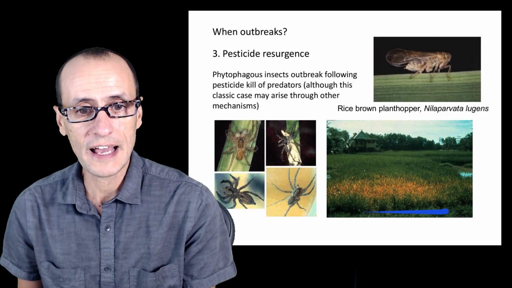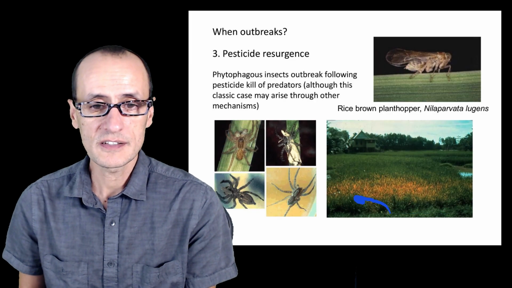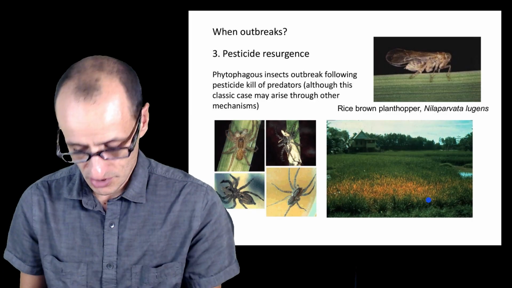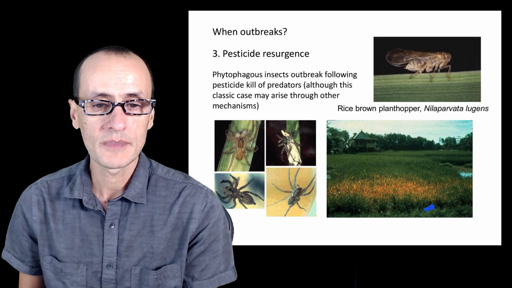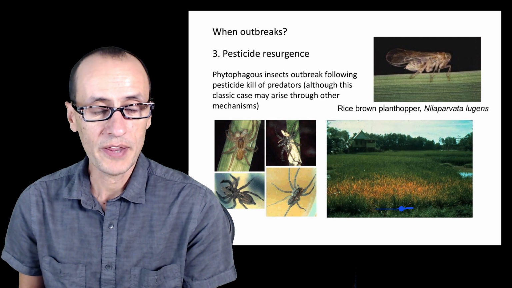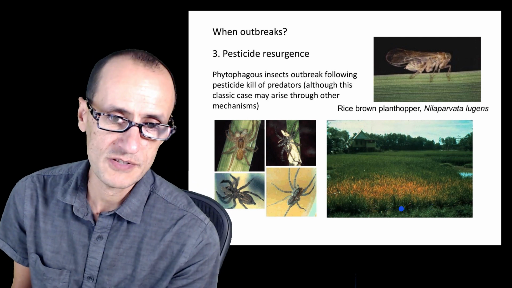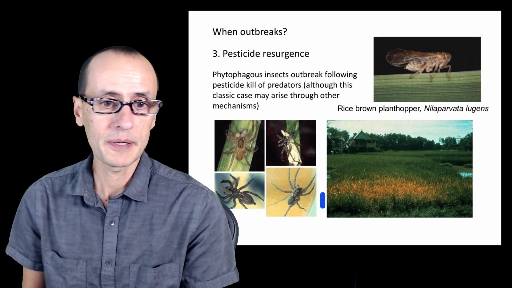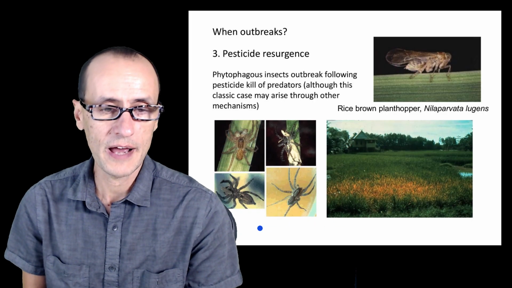Here you can see the classic, what's referred to as hopper burn. This is actually a plant reaction to the salivary secretions and the feeding of these homopterans on the plants, which completely shuts down the photosynthetic system and can cause significant damage. And this can happen because there basically are no predators around.